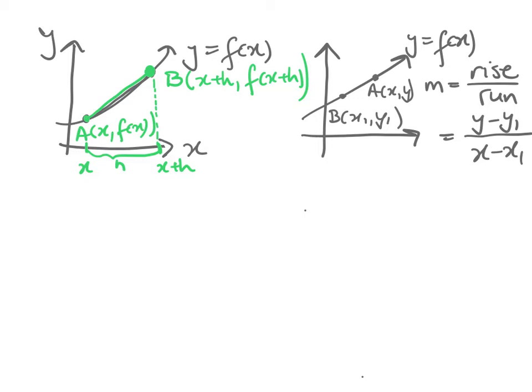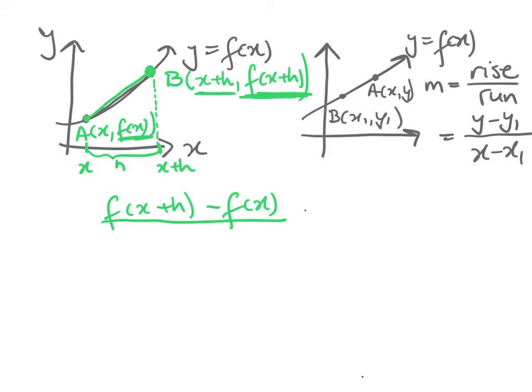Using the same principle that you have seen before, we're going to do rise over run. So y take away y1: it's f of x plus h, take away f of x. This is our rise, over the difference in x's. If we started with this y coordinate first, then we have to use this x coordinate first for the run as well.